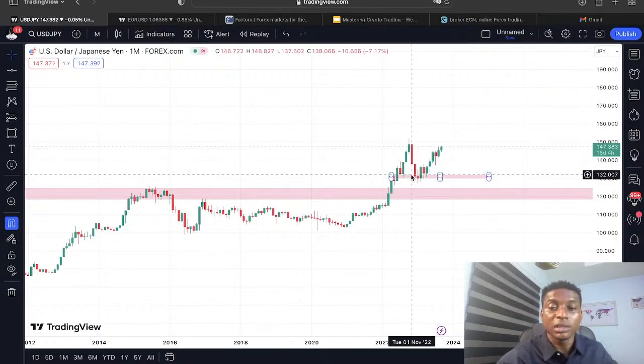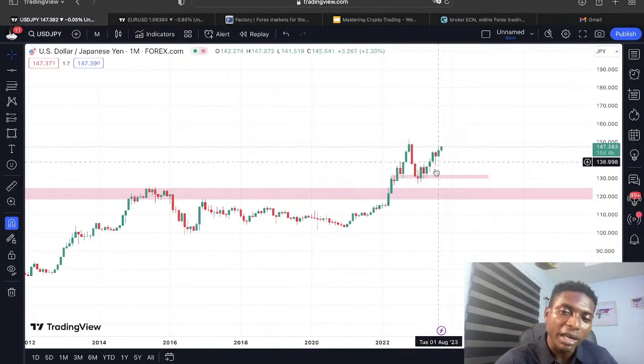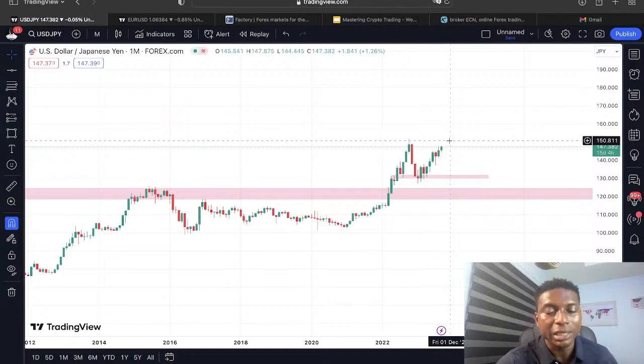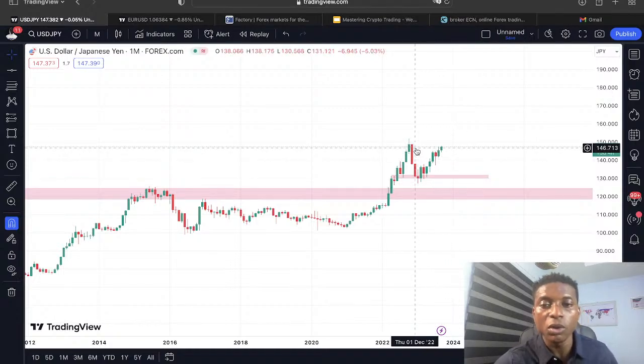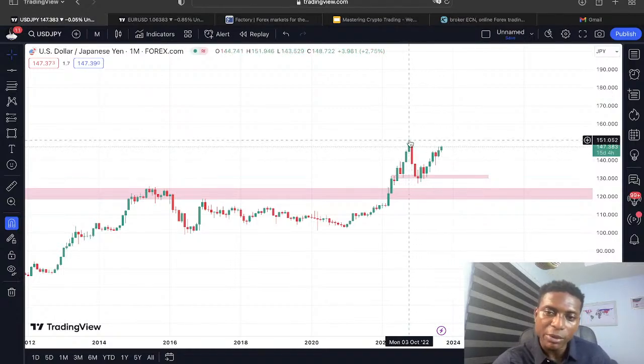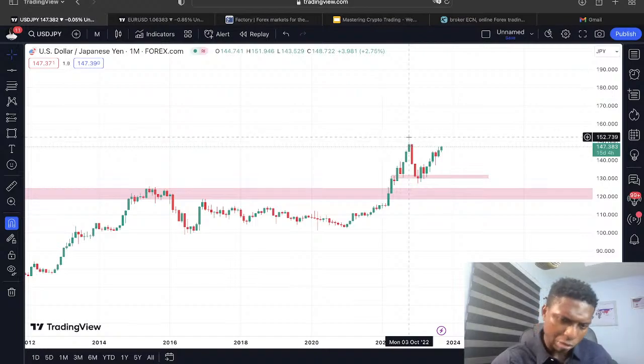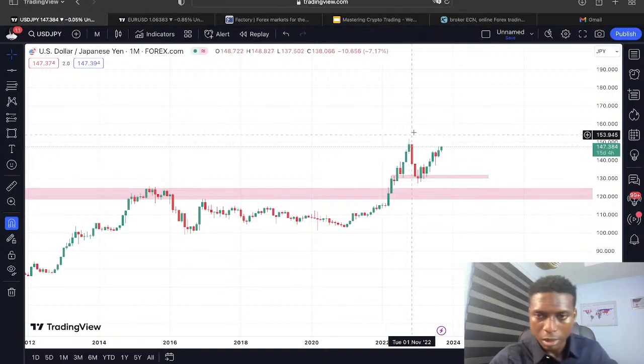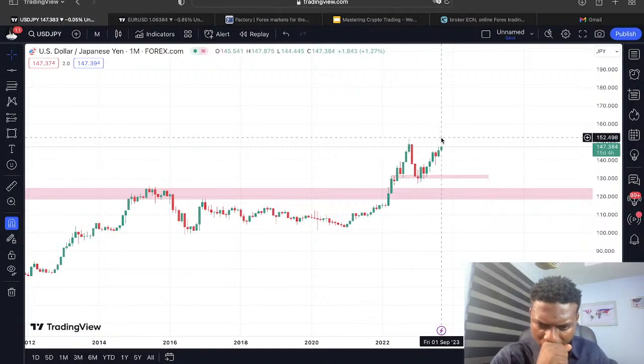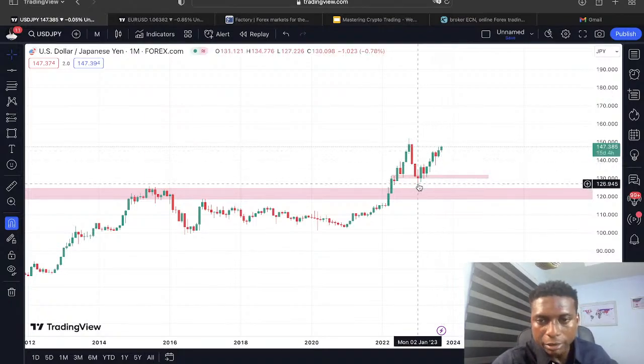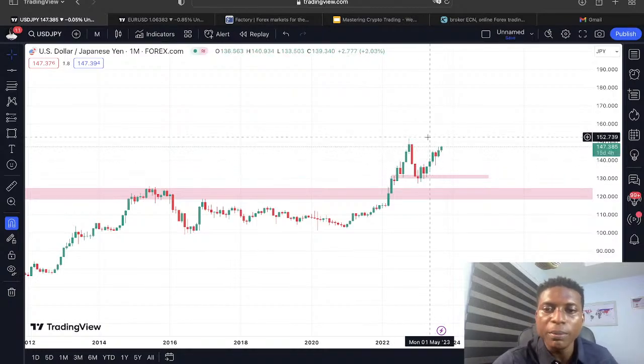Definitely we can see that USD JPY is coming to a level where it had not been in a long time. The last time it was here was October 2022, and now in September 2023, which is a year later, you can see price coming back to that level.